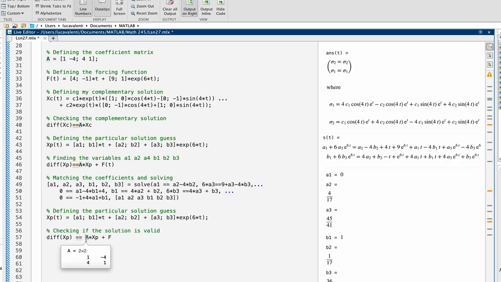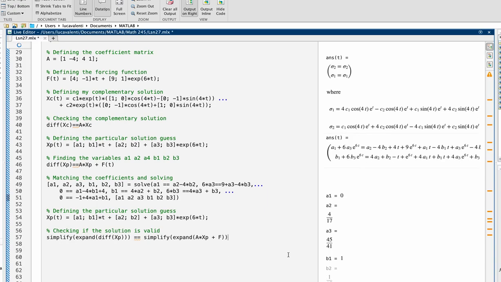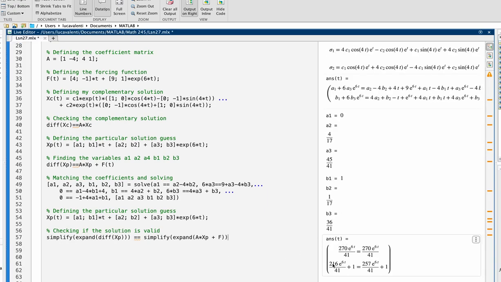So I'll use my trick of simplifying after expanding, and I get this. Let's see if we get the left-hand side equal to the right-hand side. Here we do, so we know that that is a solution.